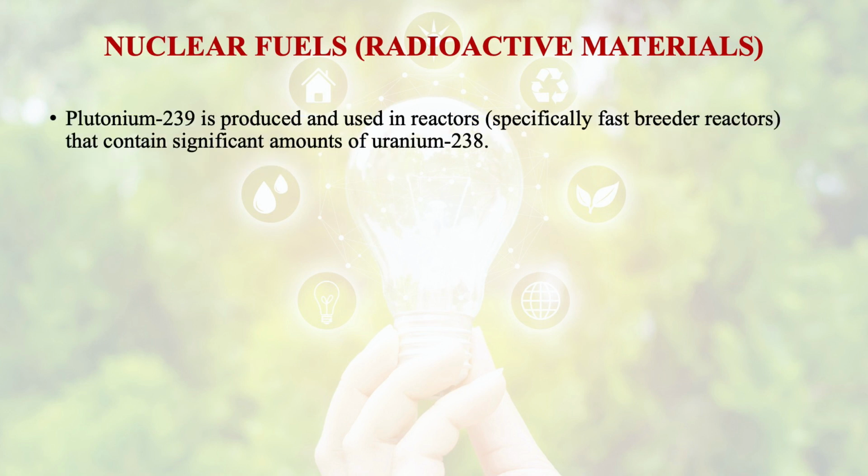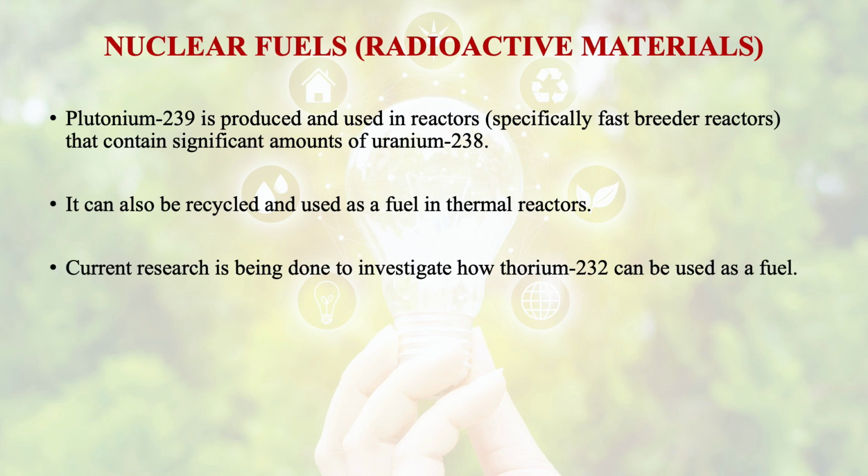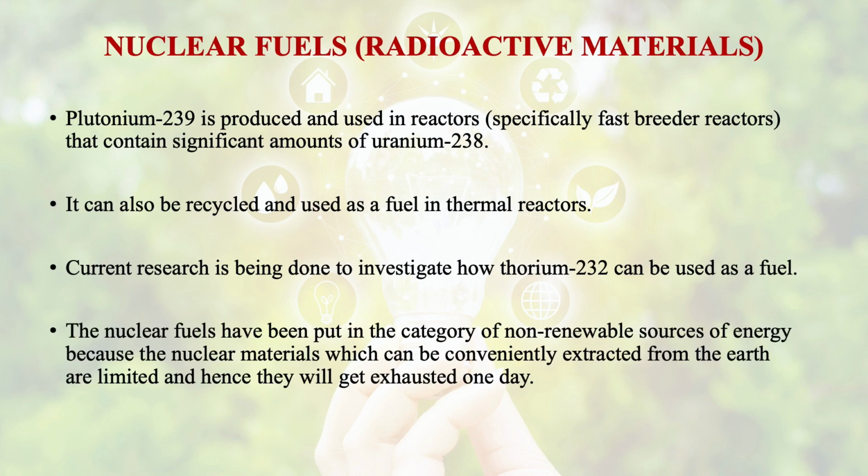Plutonium-239 is produced and used in reactors that contain significant amounts of uranium-238. It is especially used in fast breeder reactors. It can also be recycled and used as fuel in thermal reactors. Current research is being done to investigate how thorium-232 can be used as nuclear fuel.